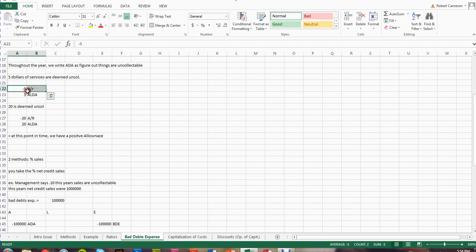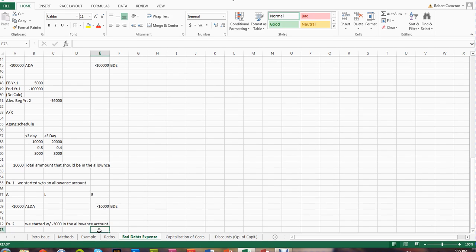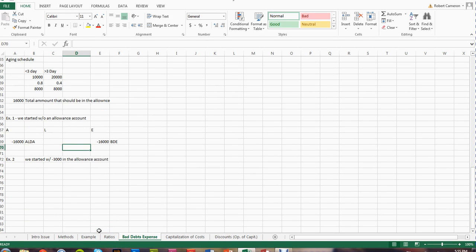As we figure out specific things throughout the year are uncollectible, we'll decrease accounts receivable and then make the allowance smaller by adding a number to a naturally negative number. Anyway, let's say we didn't use all of it and we still had the natural negative 3,000 in the allowance account. Well, we only need 16,000. We already have 3,000, which means we only need to do a 13,000 entry.